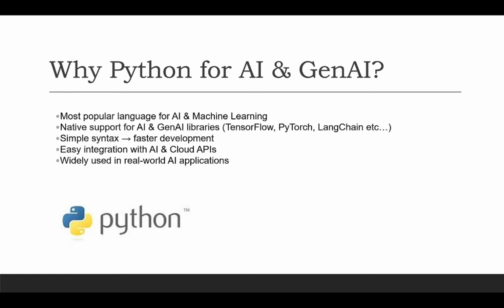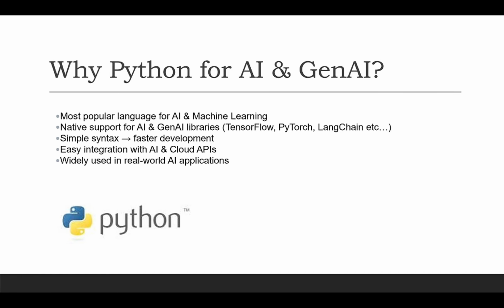We can go with any coding language, but Python is the most popular language for AI and machine learning. We get native support for AI and GenAI libraries like TensorFlow, PyTorch, LangChain, etc. Python is renowned for its simple syntax and faster development.